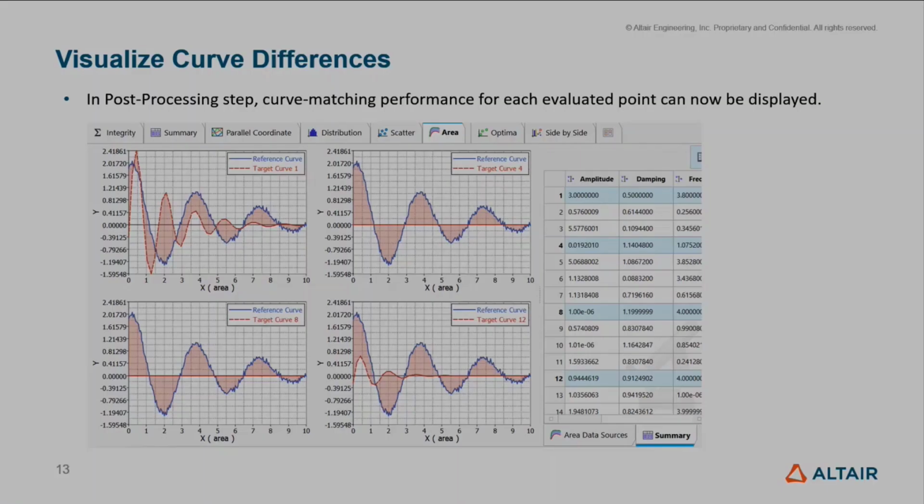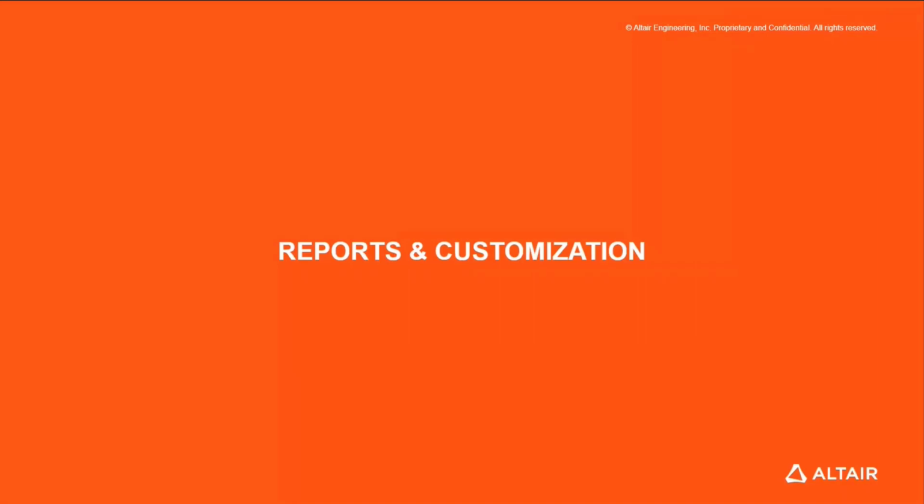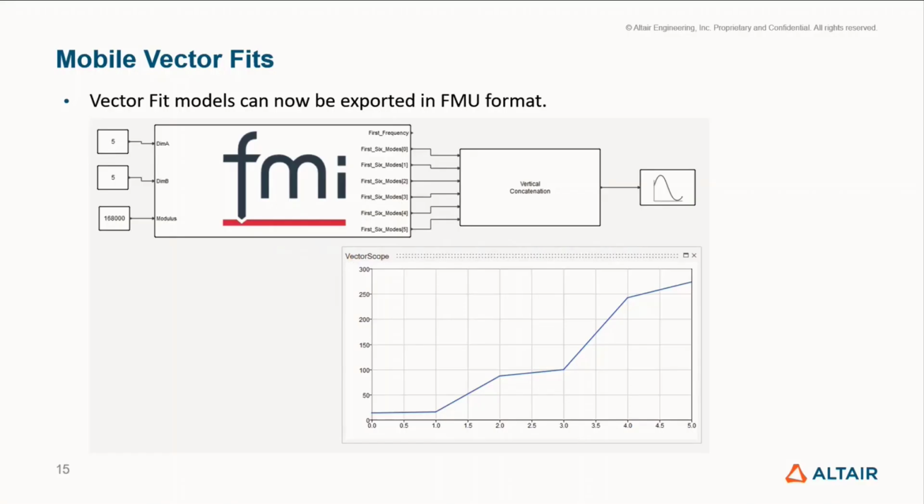Okay. The last one is reports and customization. I'm not going to dive into anything for this particular category, but I'm going to go simply over what we have. Now we have the vector fits, and we can export all these vector fits in an FMI-like container.